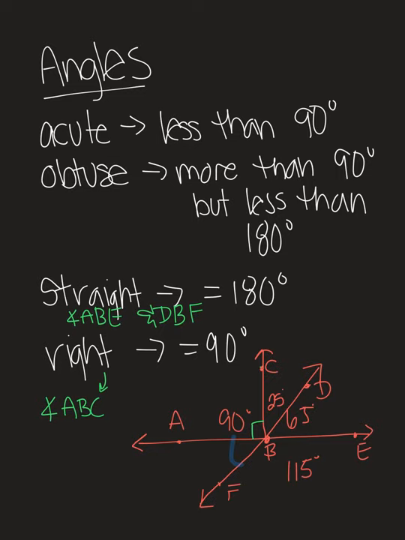Notice that these two are straight lines. Okay, now let's look at an obtuse angle. So you're looking for an angle that is greater than 90 degrees. There's only one of those in this problem, and that would be angle EBF.